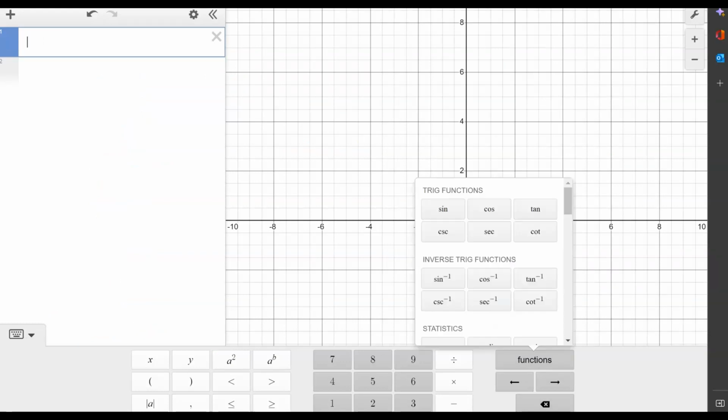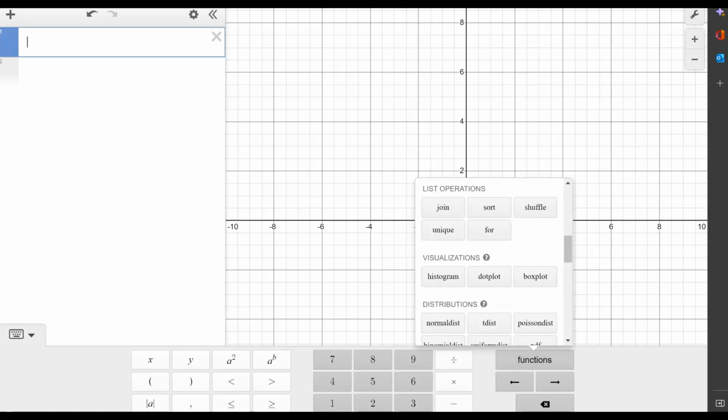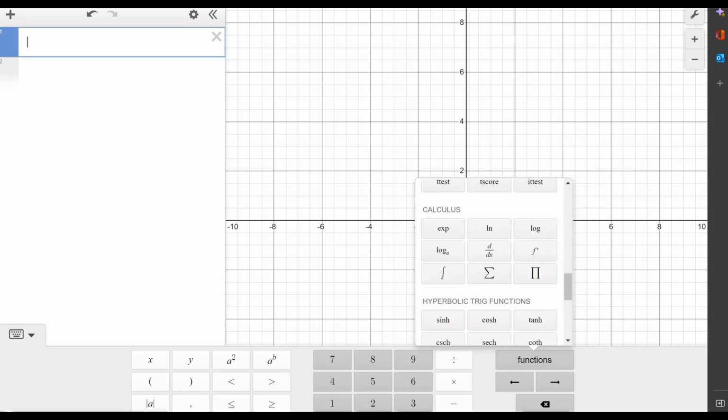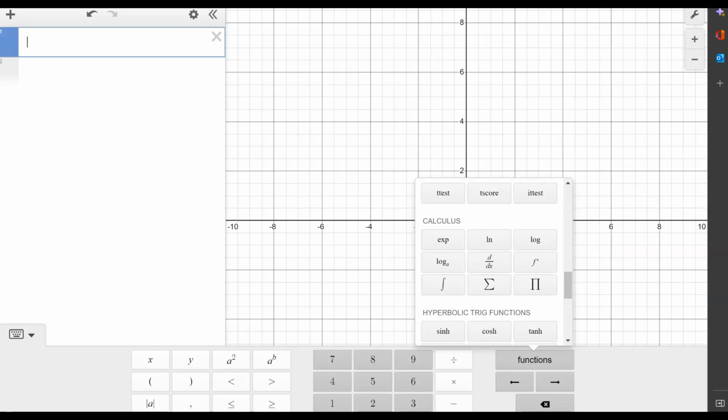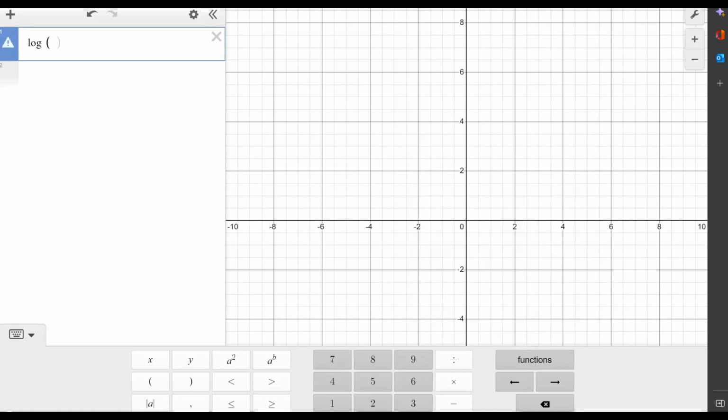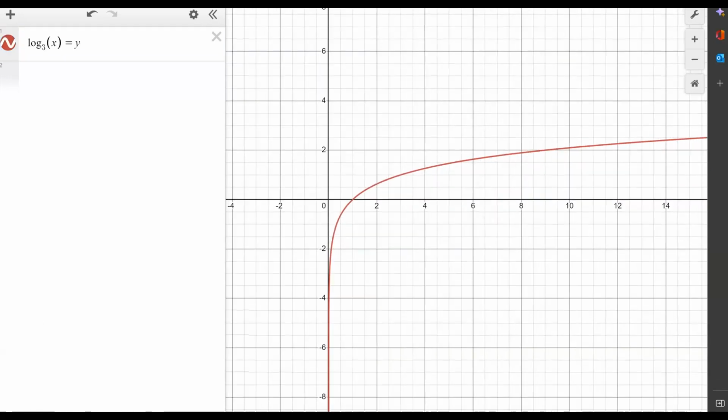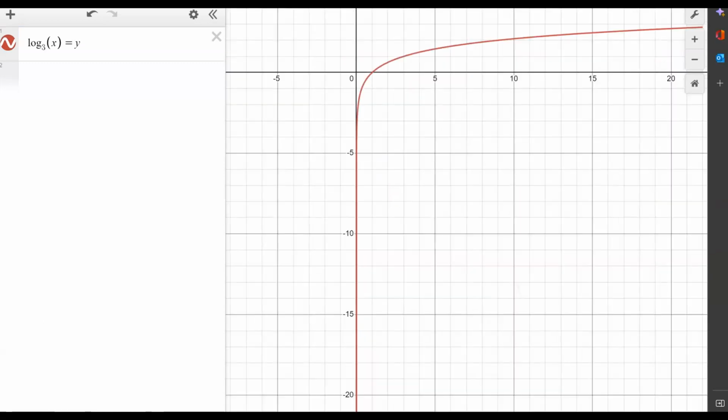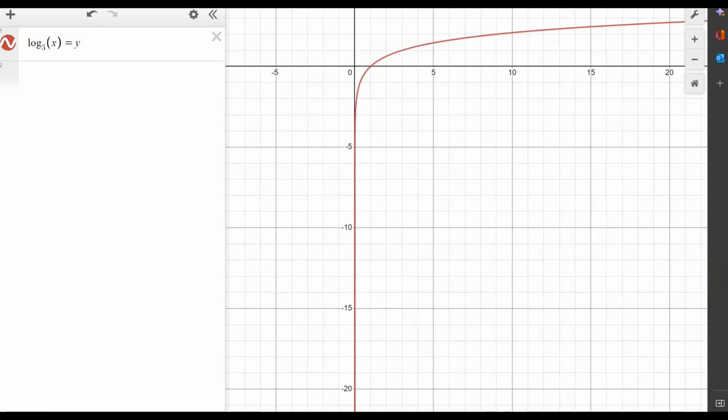Let's come back over here to functions. So we're going to come down all the way to calculus, and we're going to do log base a. So notice how that one has a base. We want to make sure we change that to 3. And here we're going to input our x value, and then set that equal to a y value, and notice the function right there. So we can see that we do in fact have a vertical asymptote here at x equals 0, right?